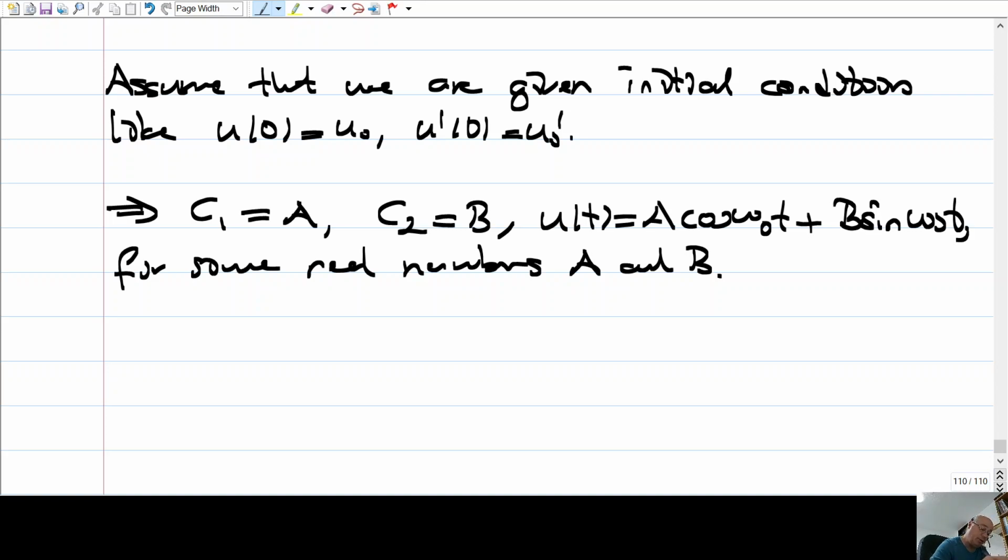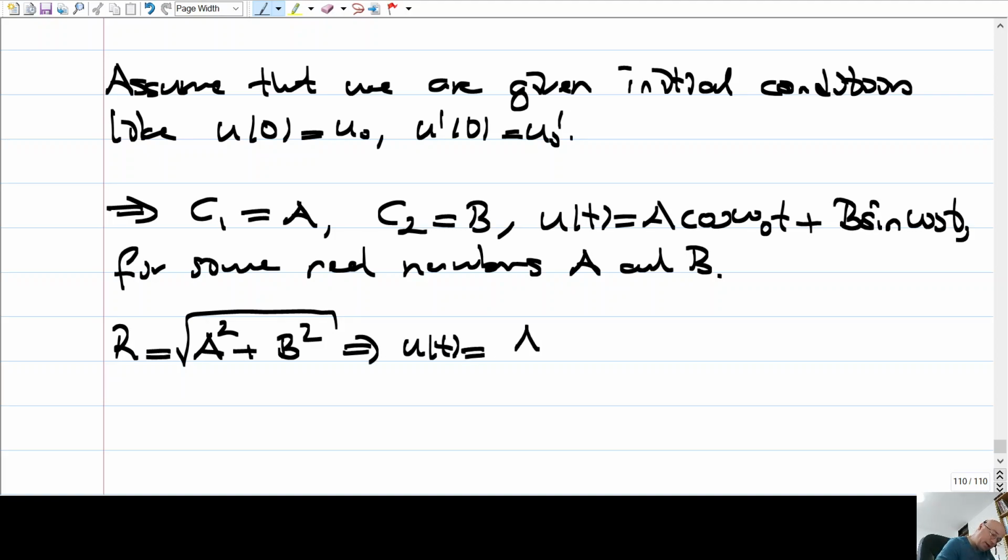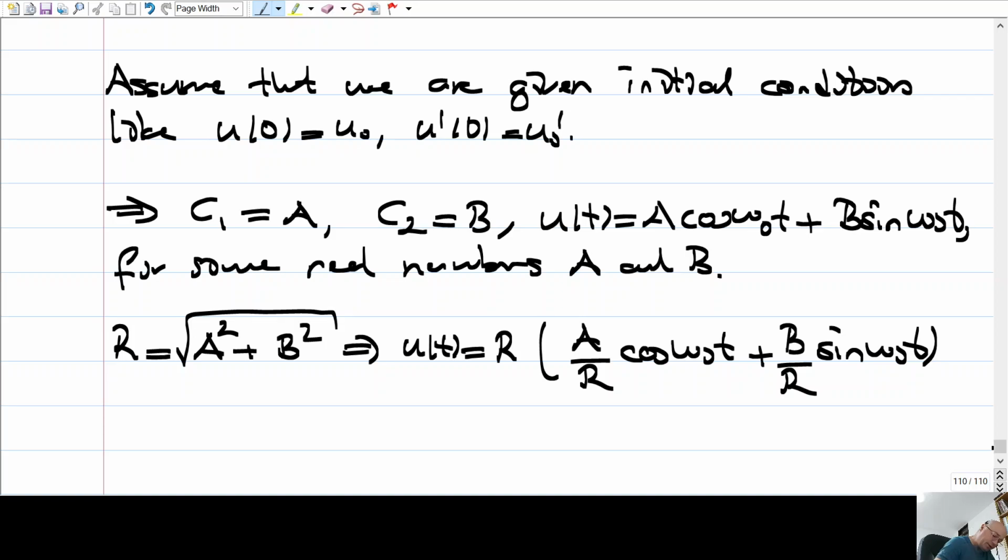You will probably remember it from high school. Now let R be the square root of A squared plus B squared, and write u of t as follows: R times A over R times cosine omega 0 t plus B over R times sine omega 0 t.